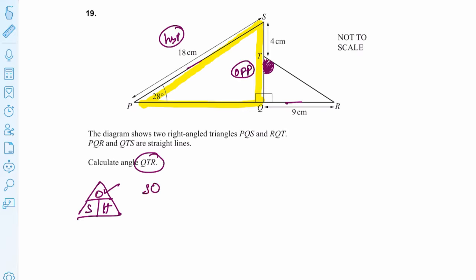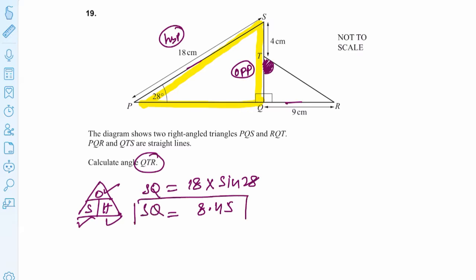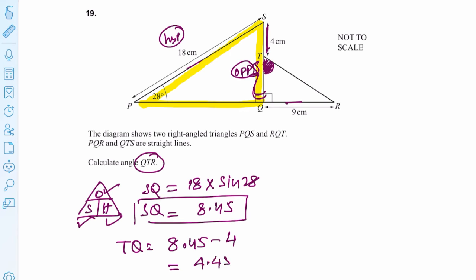So SQ equals sine of angle times hypotenuse. So hypotenuse given 18 times sine of angle, sine 28. So SQ we got 8.45, correct? This one is given 4 already, so we can find out this TQ or QT, right? So we can say TQ equals 8.45 minus 4, which equals 4.45.